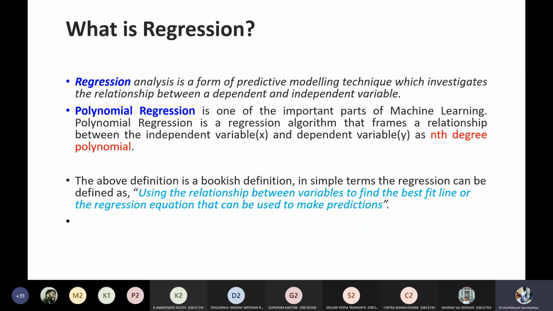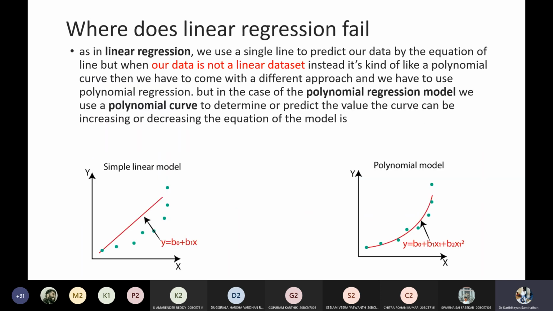When you add the linear equation with the polynomial degrees, it becomes a polynomial regression. That's all, the logic is very simple. Linear plus your polynomial degrees is nothing but a polynomial regression.